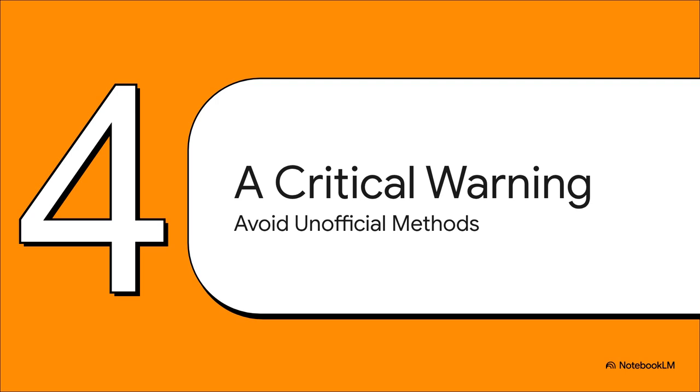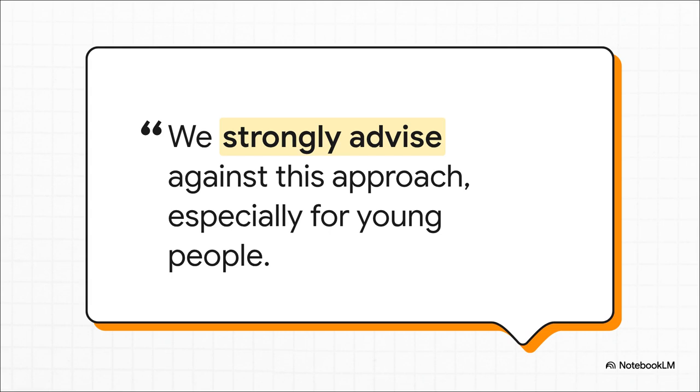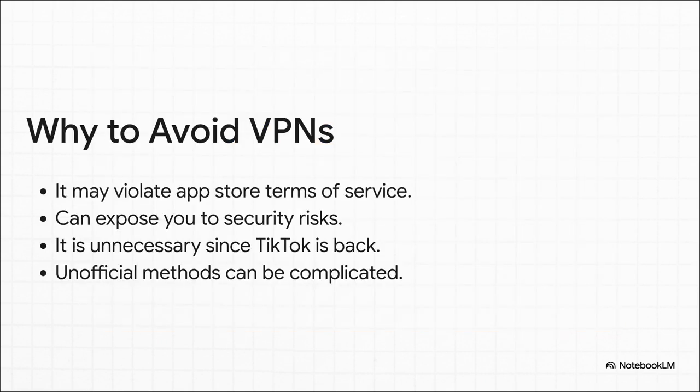Okay, now this is really important. While you're looking for solutions, you might stumble across some bad advice online. We have to talk about this because this is a critical warning. You might see some videos or articles telling you to use these complicated workarounds like a VPN to download an app. You need to be extremely skeptical of this kind of advice. Let me just break it down for you.